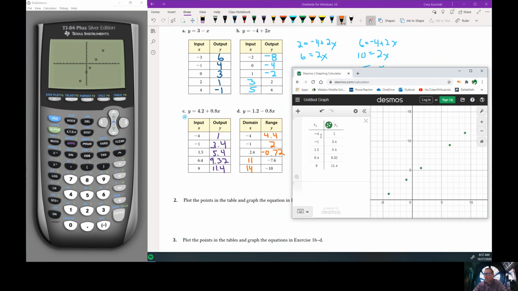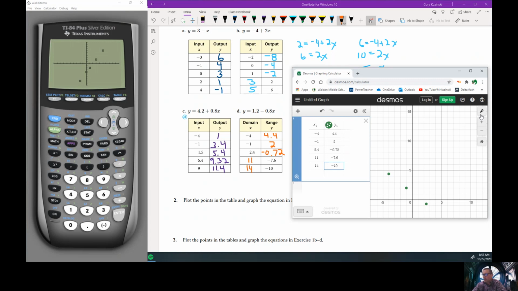If we do that one more time, let's change this to a 2.4, 11, and 14. And we've got to change these outputs here, 4.4, 2, -0.72, -7.6, and -10.